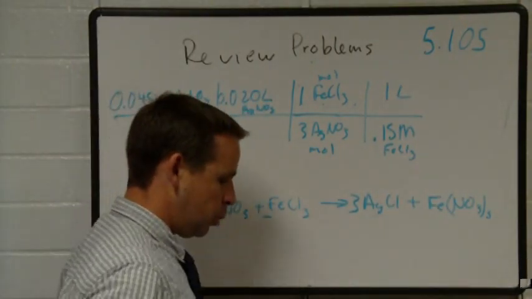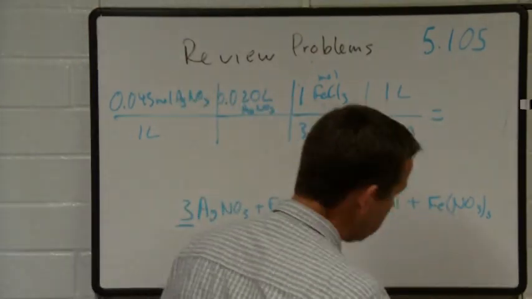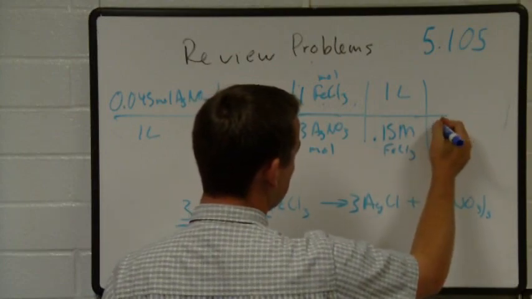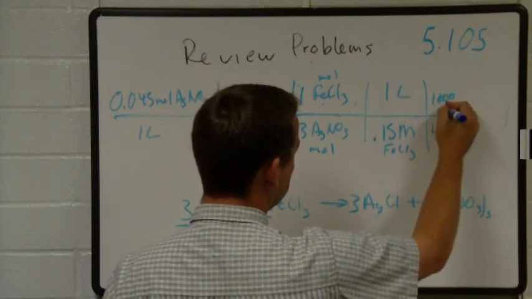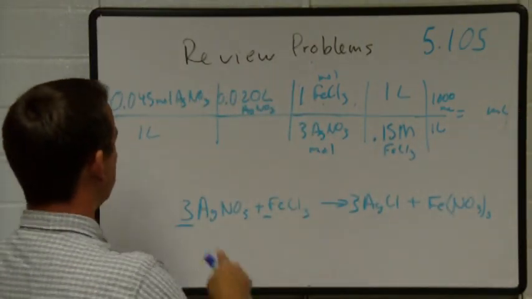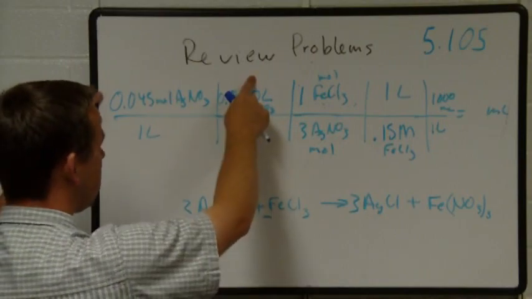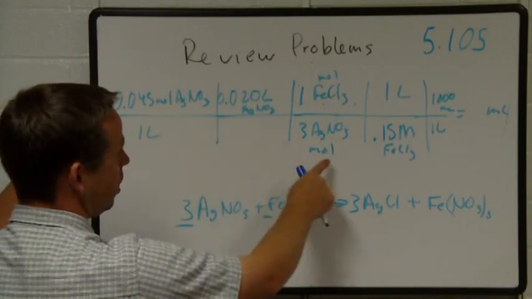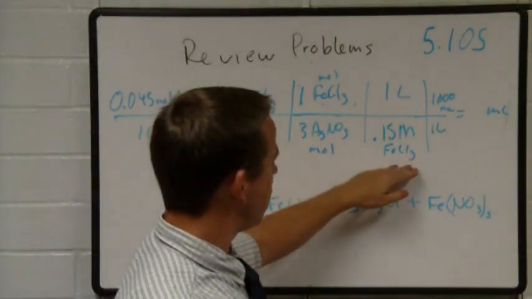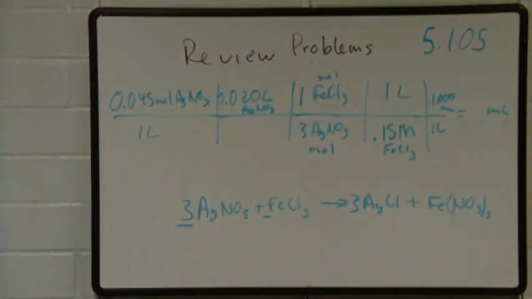That's what it is. This will tell us how many liters, and we can take that to milliliters, since 1 liter is 1,000 milliliters of that iron chloride solution. So we were in molar silver nitrate, multiplied by liters, went to moles of silver nitrate, divided by moles of silver nitrate, we got to moles of iron chloride, then divided by molar.